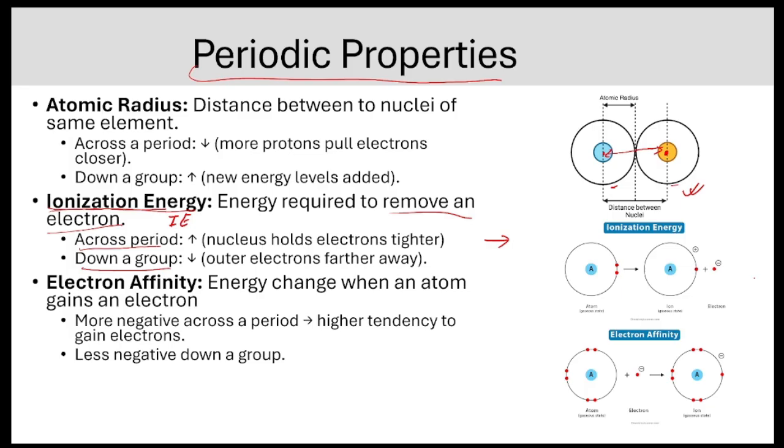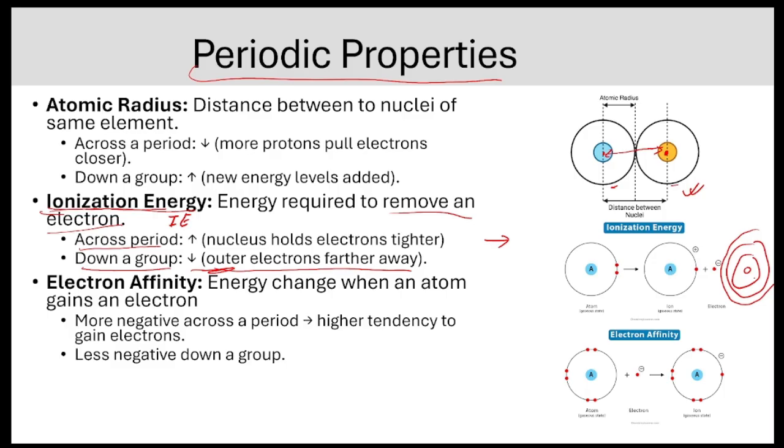The reason for this decrease is that as we move from top to bottom, the energy level increases, meaning the electrons are farther away from the nucleus, resulting in lower electrostatic attractive force and lower ionization energy.